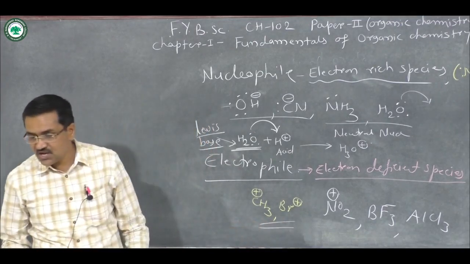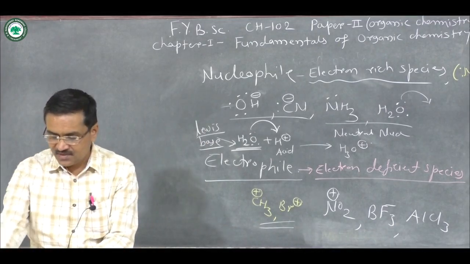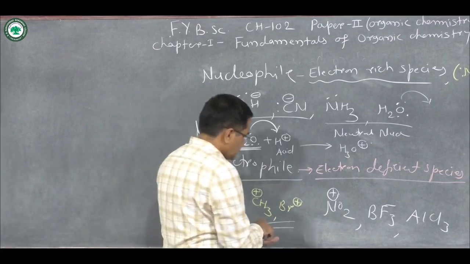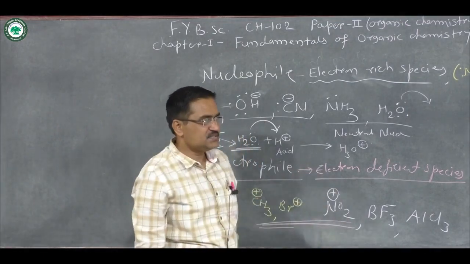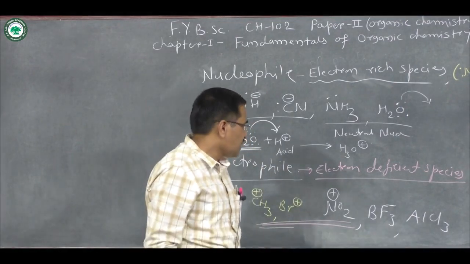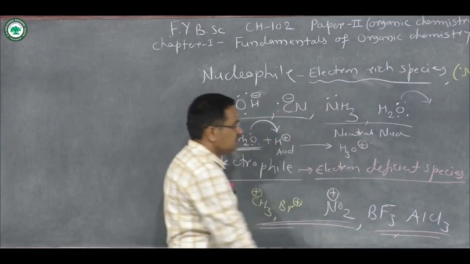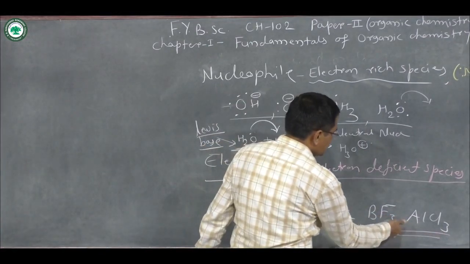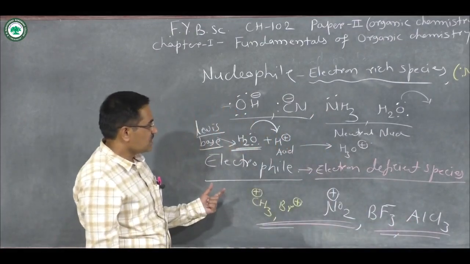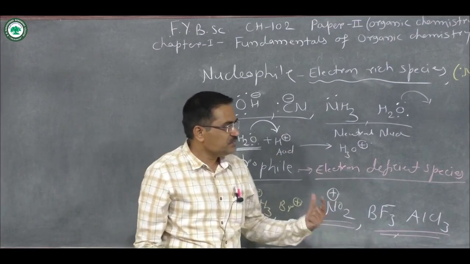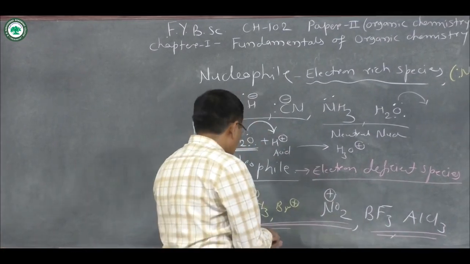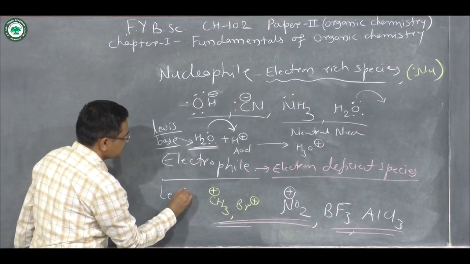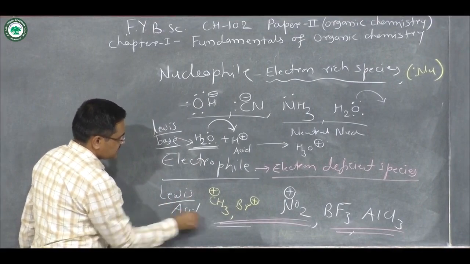Some are charged electrophiles and some are neutral electrophiles, and sometimes this is called a Lewis acid because they accept the lone pair of electrons, and hence sometimes this electrophile is named as Lewis acid.